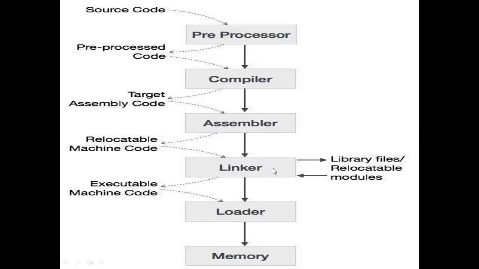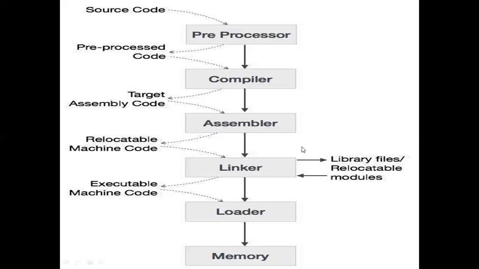Then it transfers to the loader, and the loader converts that object file into executable form. It prepares the necessary functions needed to execute the object file, and then sends the program to memory for execution. So basically these are the steps if you want to convert any high level programming code into executable form.